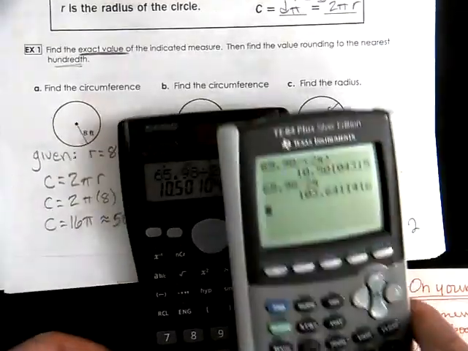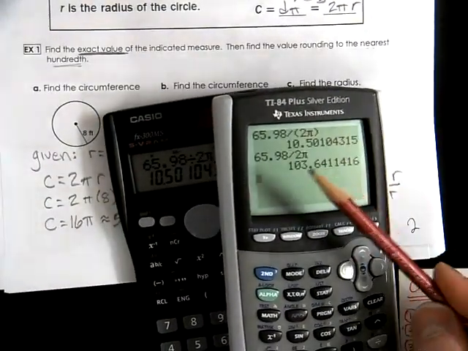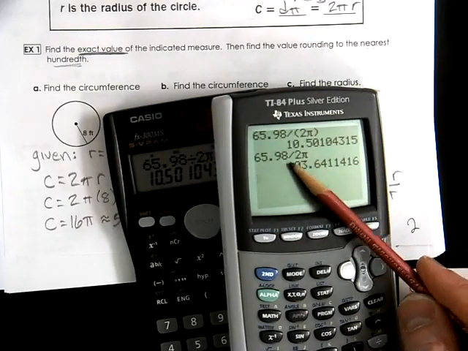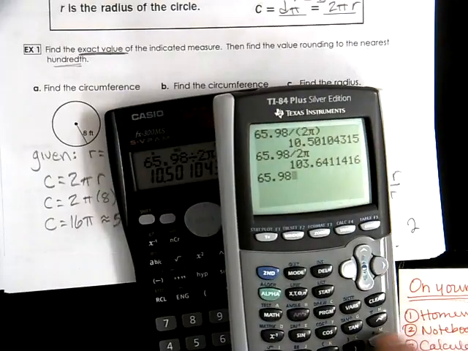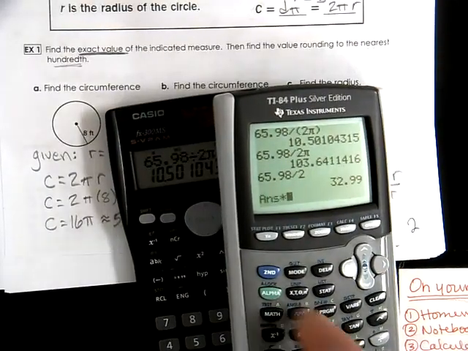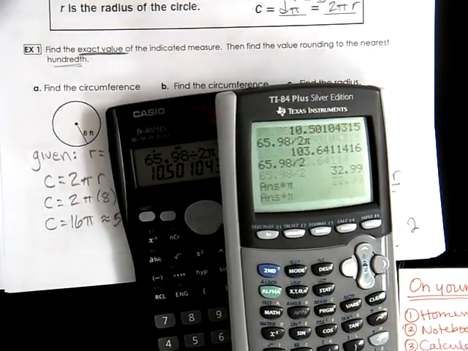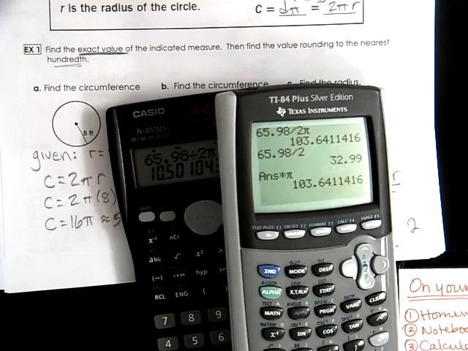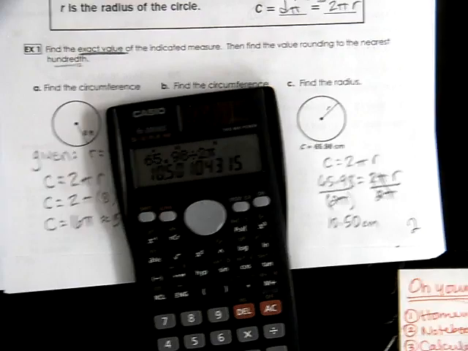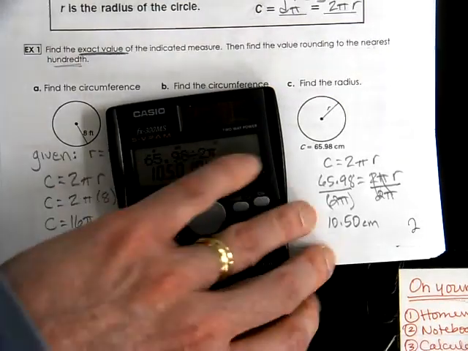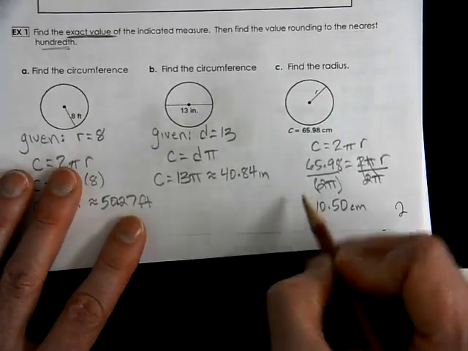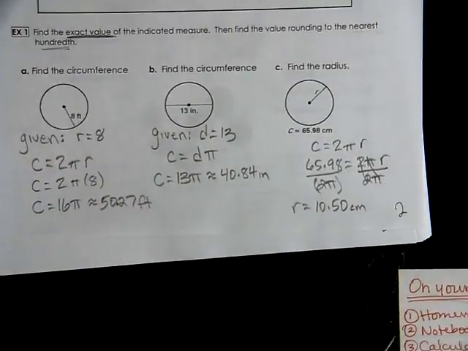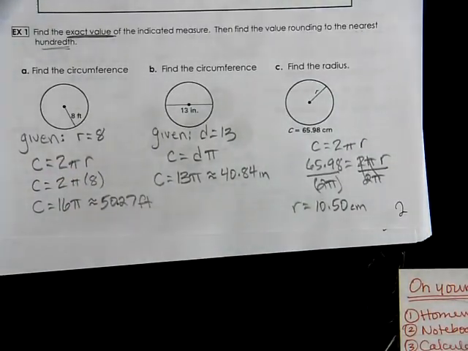What this calculator was doing was dividing it by 2 and then timesing it by pi. So they're just using order of operations. So you just got to watch what's happening. Be sure you're making the calculator do the calculation that you're looking for. And that would be the radius. R equals 10.50.